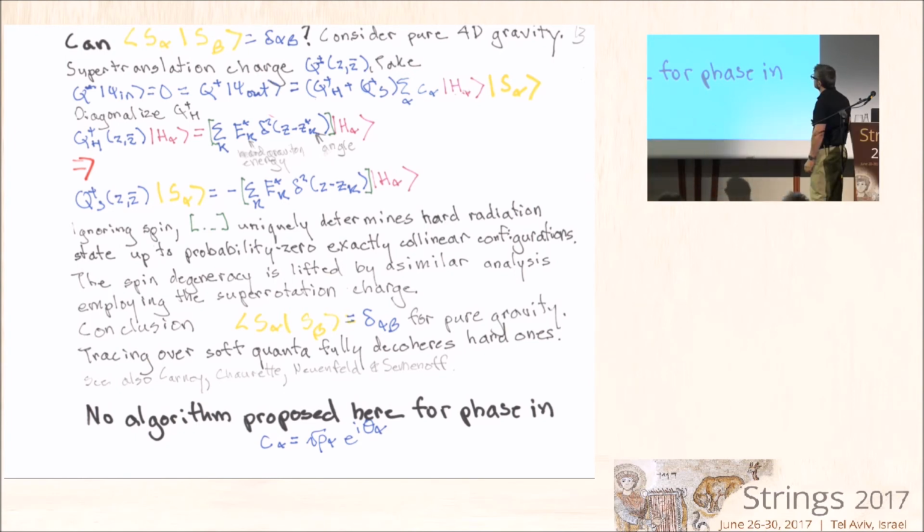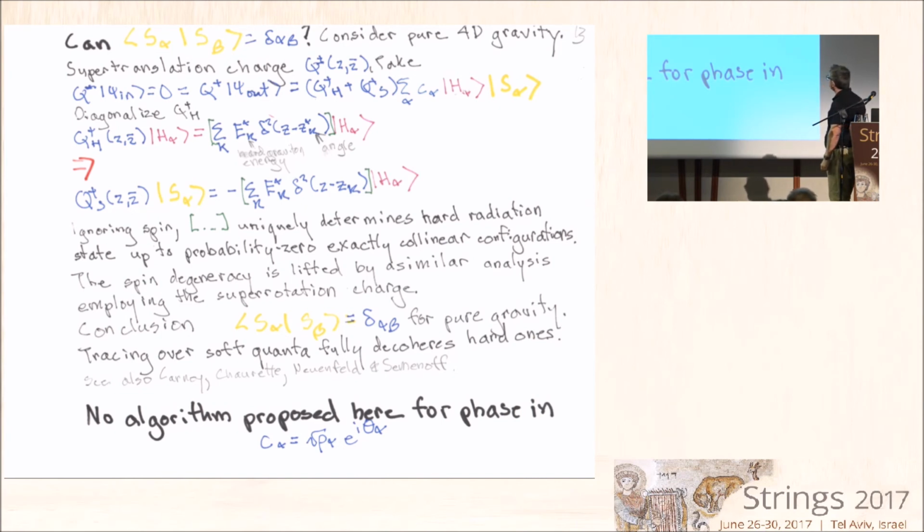So there's a little degeneracy there, but the probability of two exactly collinear hard particles is 0 in the Hawking distribution, and so that doesn't affect the discussion. Now, this doesn't see the graviton spin, but there's a second conserved quantity, the superrotation charge, which does see, I'm almost finished, which does see the graviton spin.